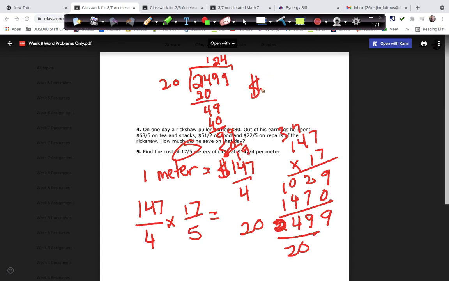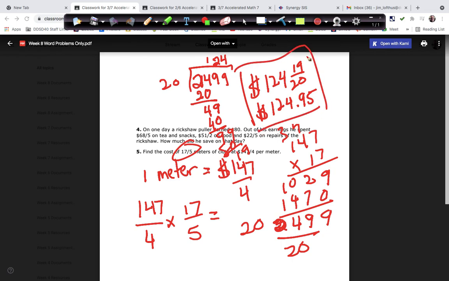So 124 and 19 twentieths of a dollar, which would be 95 cents. So we could say 124, 95 cents. Either one of those would be fine. And that is a recap, and that's the answer key to the first 5 word problems.